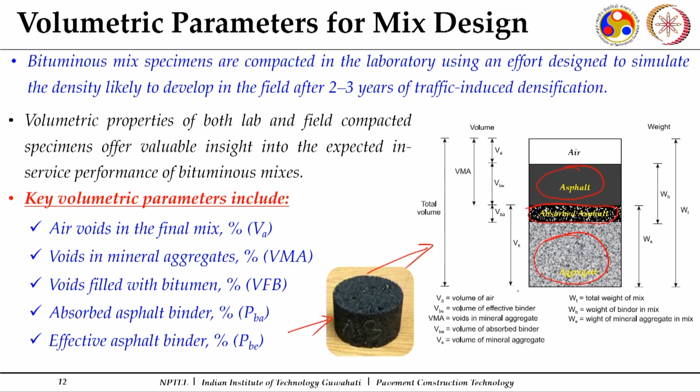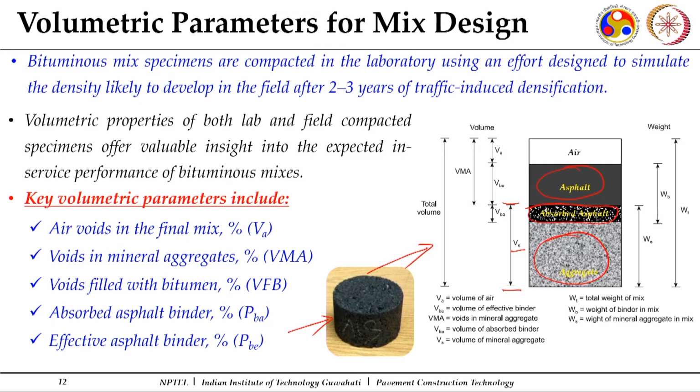What I am mentioning here, Vs is my volume of aggregates, specifically the volume corresponding to the bulk specific gravity, because to a certain extent the binder goes inside it. So this is my volume corresponding to the bulk specific gravity, or volume of my solids including the surface voids.